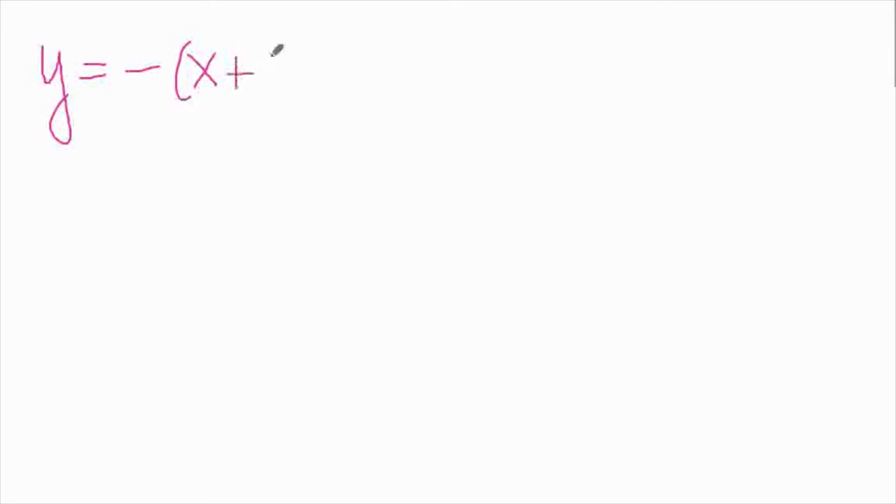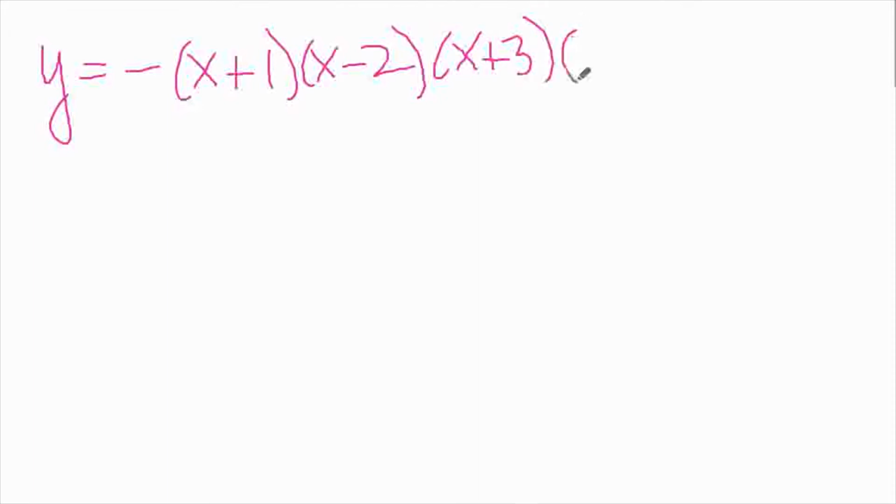Let's say the factored form turned out to be the following. This is bigger than the example that I was talking about. Actually, this is a 7th degree polynomial. Let's say that we had this factored form. What in the world does the graph look like?